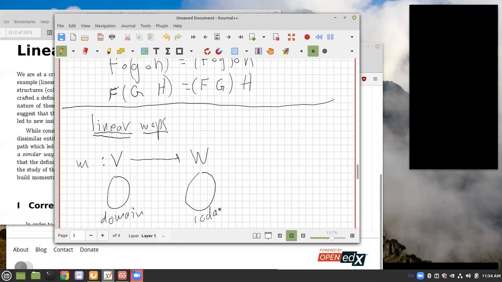That's what the map is, this assignment, this pairing. So every vector here goes to some vector W in here. And we use the functional notation. So we'll say W of V equals M of V.